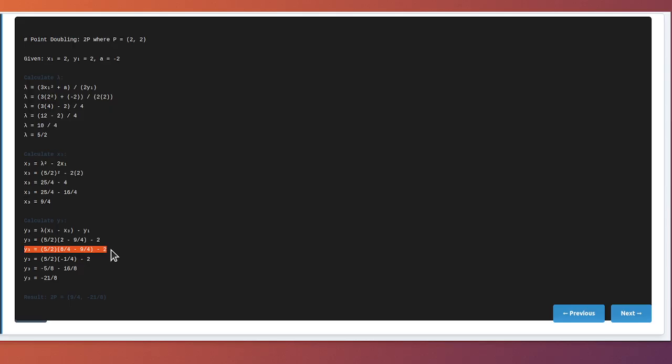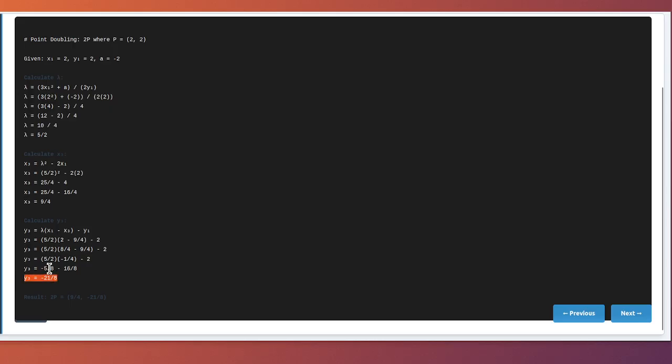So 2 minus 9/4 equals negative 1/4. Therefore, y3 equals 5/2 times negative 1/4 minus 2 equals negative 5/8 minus 2 equals negative 5/8 minus 16/8 equals negative 21/8. The y-coordinate of 2p is negative 21/8. So, 2p equals the point (9/4, negative 21/8).